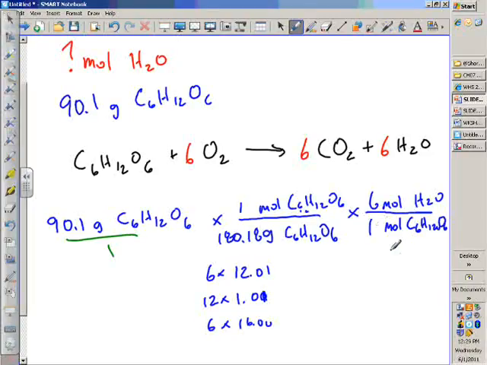Now we're multiplying 3 fractions together, right? Units-wise, grams of glucose on the top, grams of glucose on the bottom. Moles of glucose on the top, moles of glucose on the bottom.